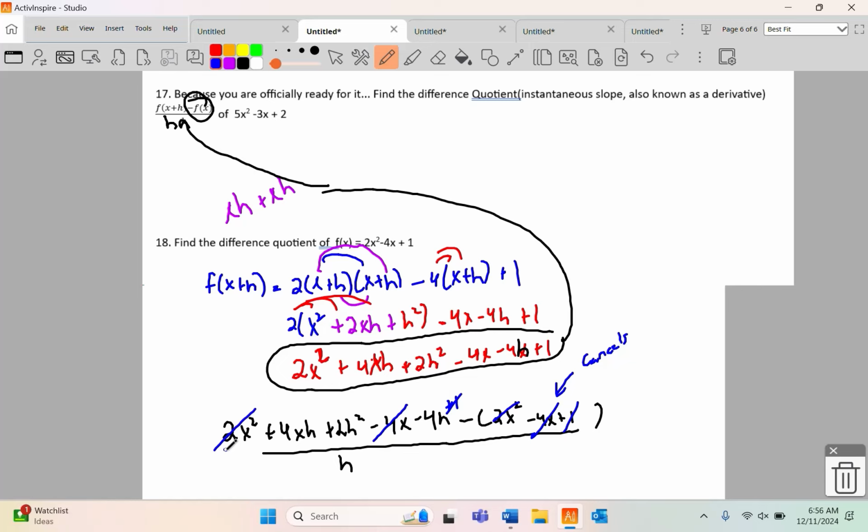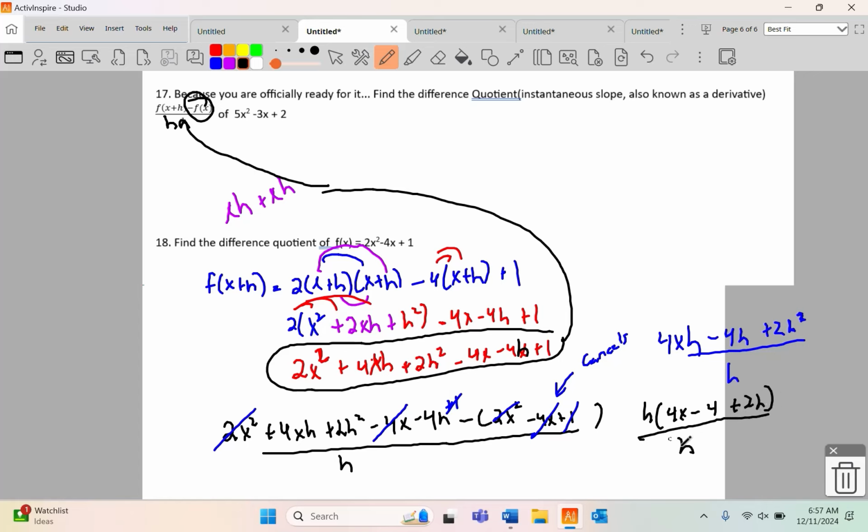And now we're moving forward. What's left is a 4xh, a negative 4h, and there's a reason I'm changing the order, and a plus 2h squared. And it's all sitting over an h. Now I notice that each of the 3 terms up top has an h, so technically what I am doing is I am factoring it out.